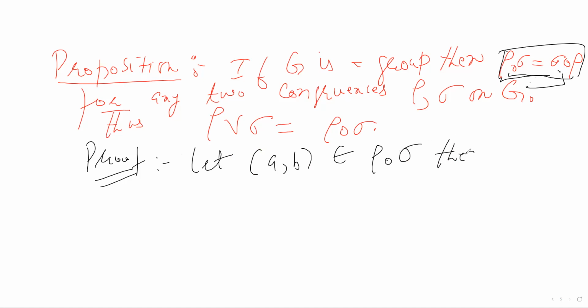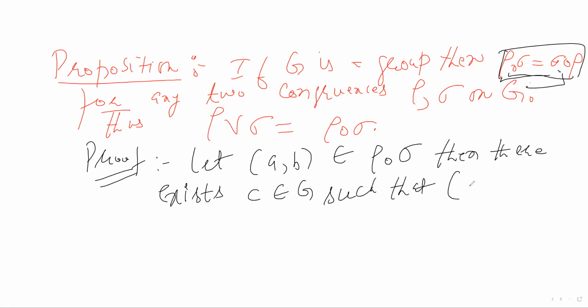Then there exists some C in G such that (A, C) belongs to rho and (C, B) belongs to sigma.